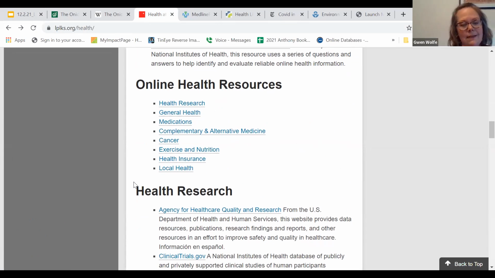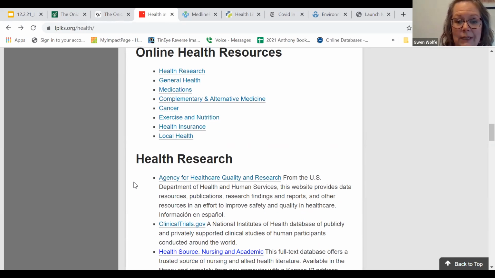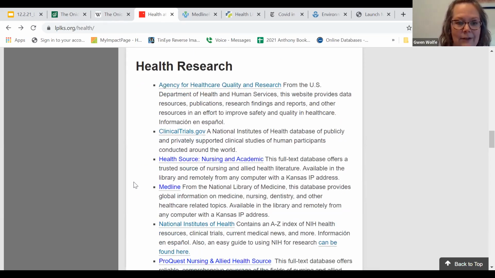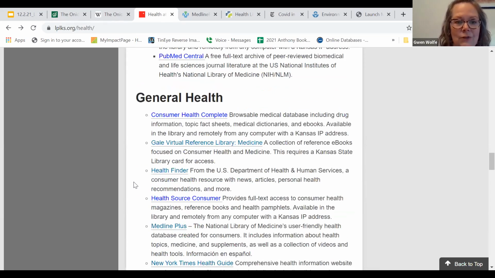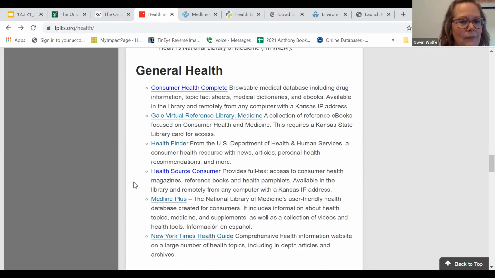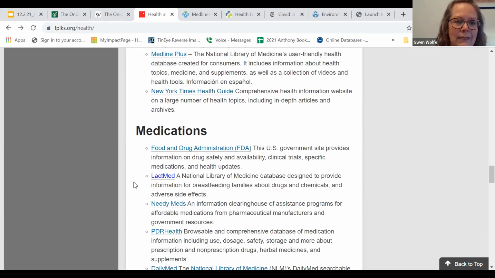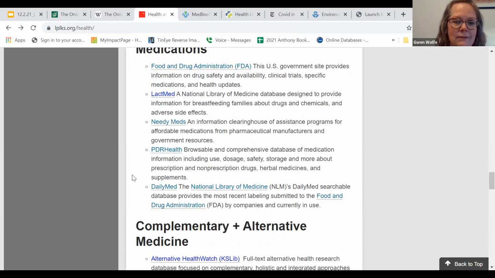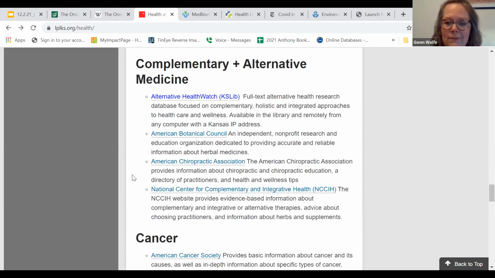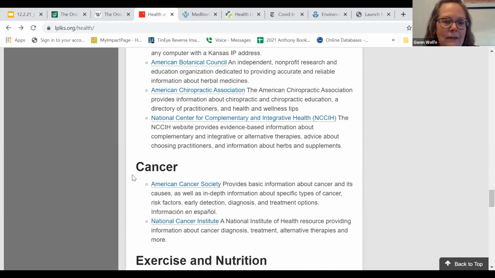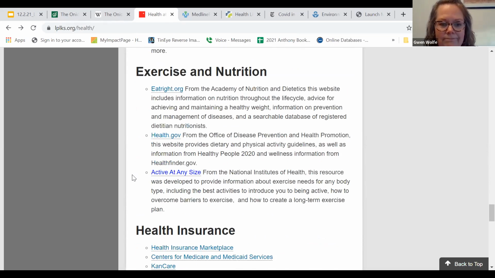These are organized by subject, anything from actual health research, if you want to look at the data and explore those peer-reviewed journal articles, we have access to that here. If you want more general health information, which we're going to take a look at a couple of these items in a moment, those websites are located here, as well as medication. If you're into alternative medicine, cancer, and it goes on and on.